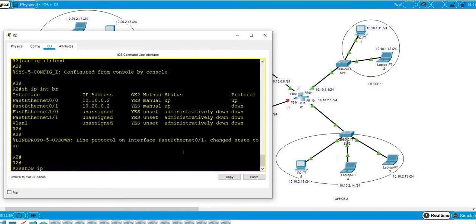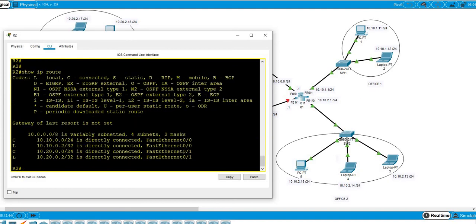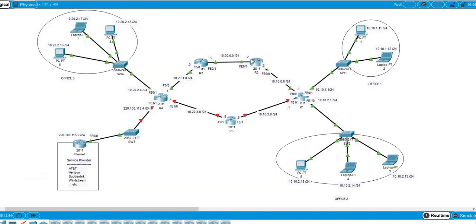Show IP routes, it's going to show you all the locally connected networks. It's only got 2. That is, this one is towards R3, and this is towards R1. Okay, so that's good.